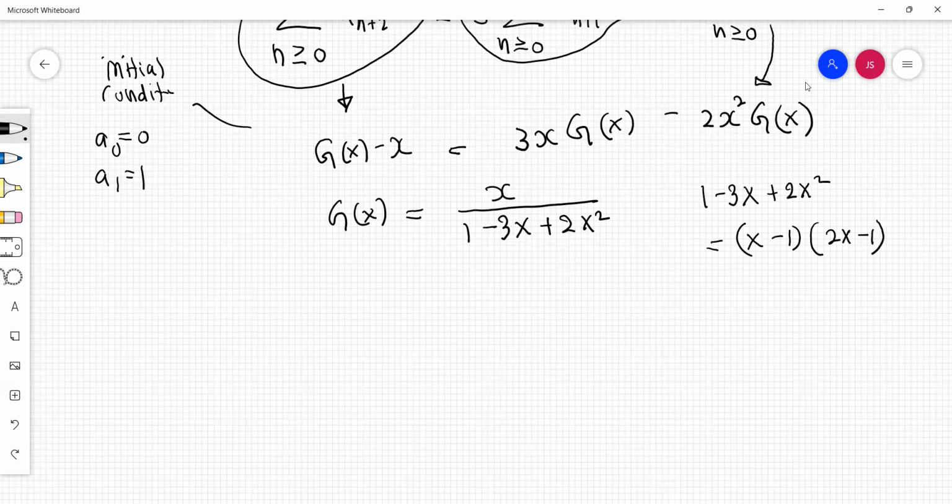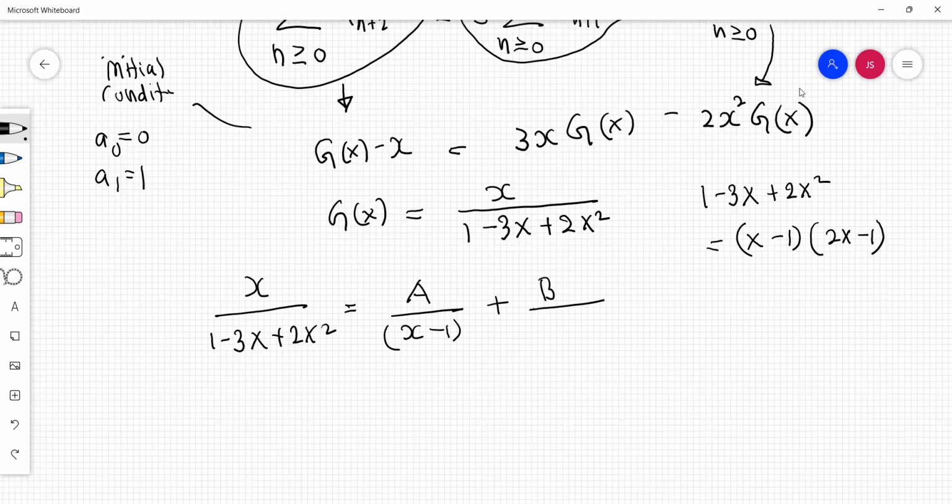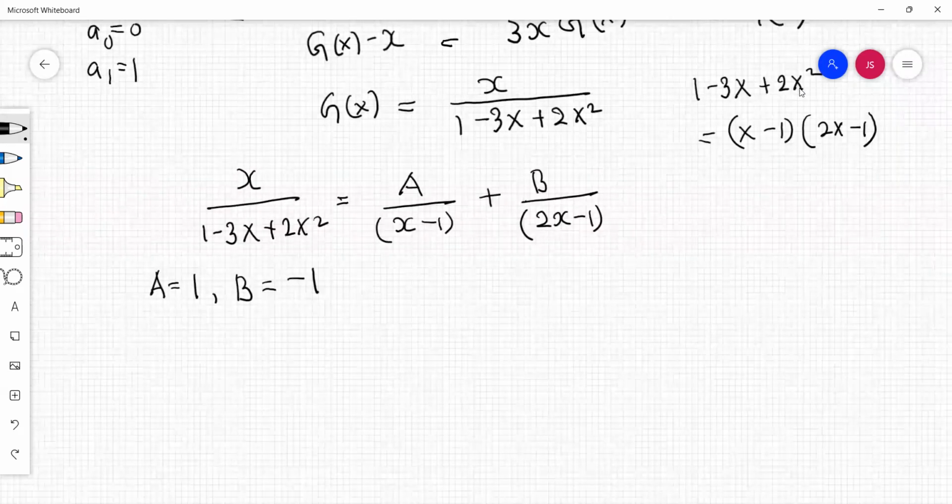Therefore, by partial fraction decomposition, there are some constants A and B such that A over (1 minus x) plus B over (1 minus 2x). So A is equal to minus 1, B equal to 1.